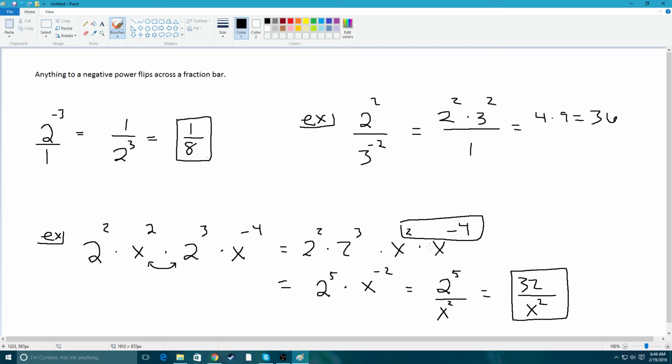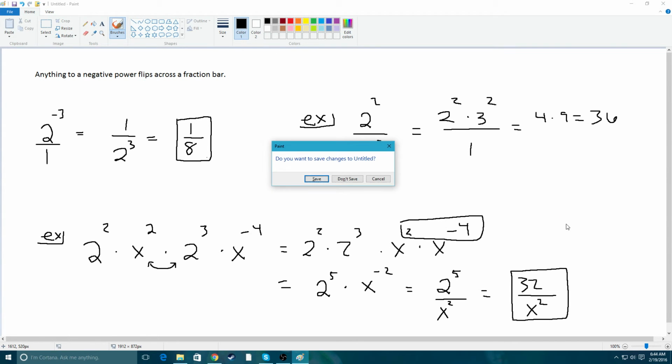It's really important to keep track of your exponents and keep track of your negative signs. There might be an example that you will see.